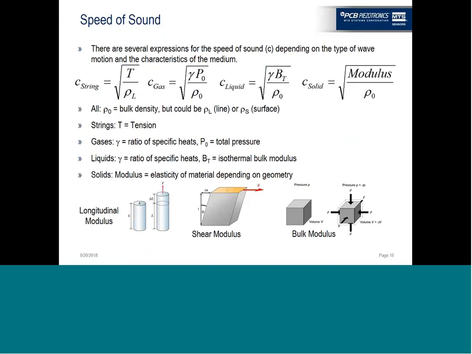For liquids, again, it's the ratio of specific heats times the isothermal bulk modulus divided, again, by density. Density is a big part of what goes into the speed of sound. The densities of the material will actually have the bigger impact on the speed of sound of that particular material.